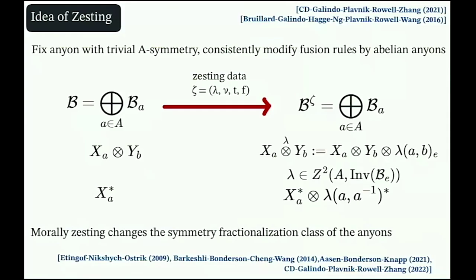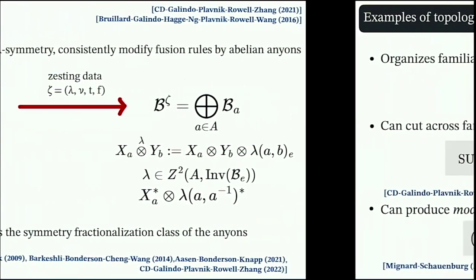And so you see a bunch of data there, lambda, nu, T, F. I'm not going to worry about that because this idea, I think, can be appreciated if you think about treating these anyons as defects with a trivial symmetry, and then just making sure you consistently change the symmetry fractionalization class. And so you should think we're really changing something about the invertible structure sitting inside this anyon model. And I think that's what I want to say about it for now, just the main idea.